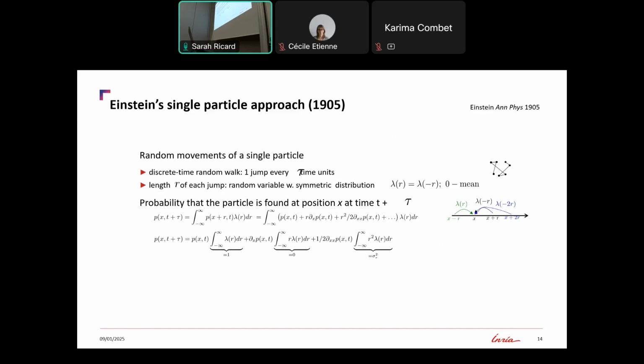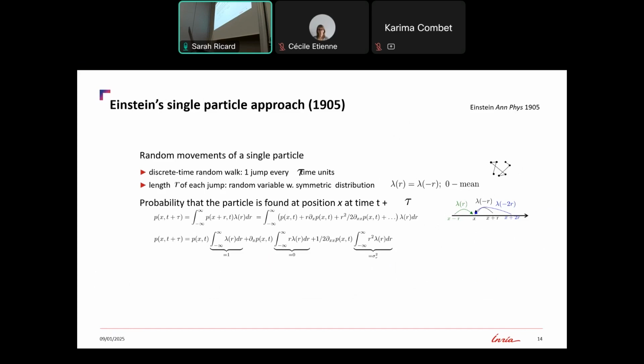So at the end of the day, what you have is p of x at t plus tau is p of x plus sigma squared, the variance, divided by 2, the half variance, times the second derivative of p. And then of course, if you take your tau and you push it to 0, so you take the tau tends to 0 limit, then what you see here, p of x at t plus tau minus p of x at t, is of course the time derivative of p.